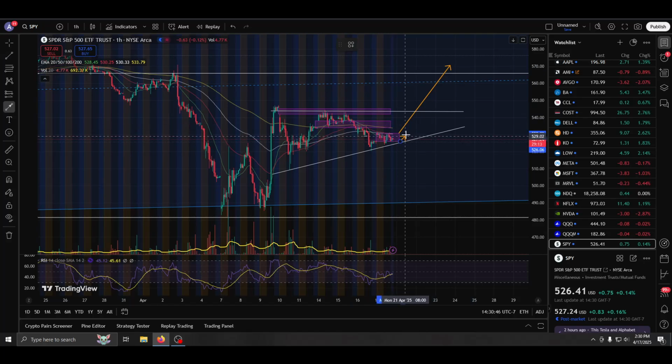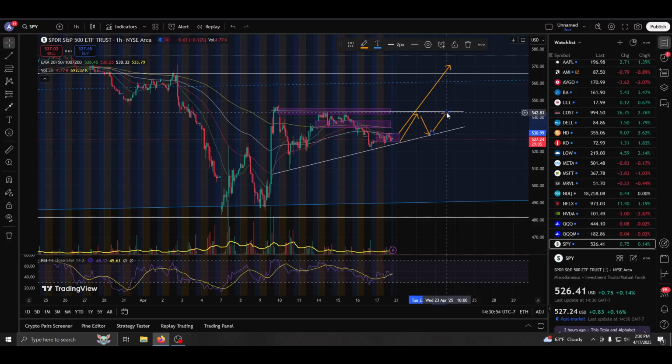This is going to pinball up like this, down like this, up like this again. So it's going to continue to retest until it consolidates so much so that it has to then trend in some direction, and that trend will typically be to the upside when you have a move like this.